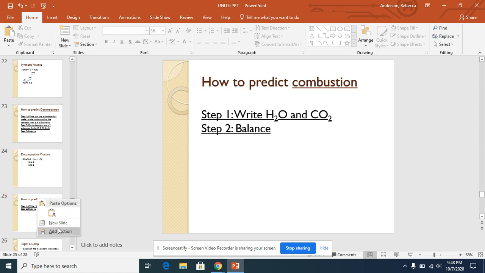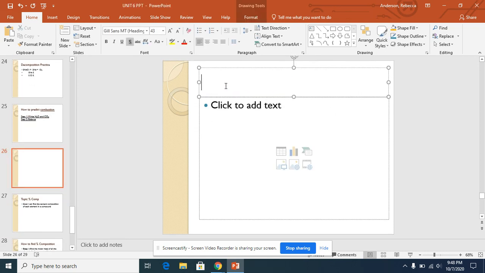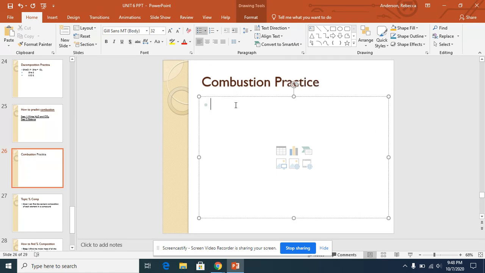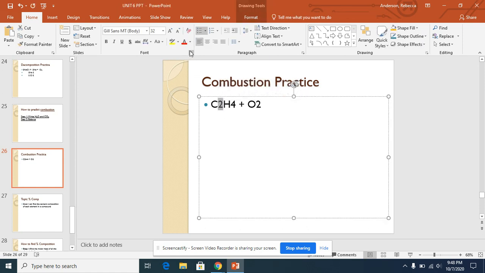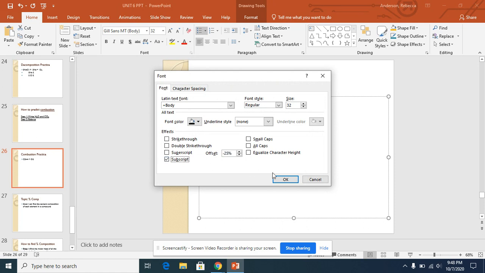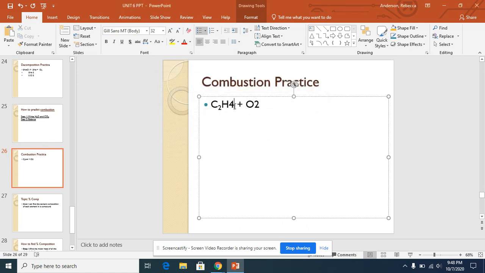So if we do a practice of this, so let's do C2H4 plus O2. Make those subscripts.